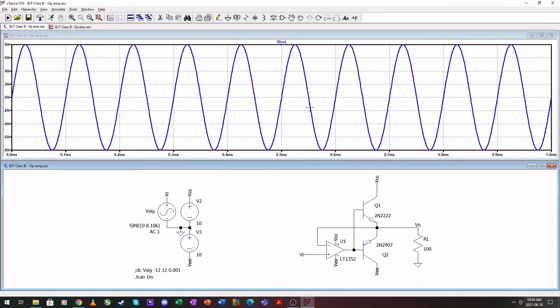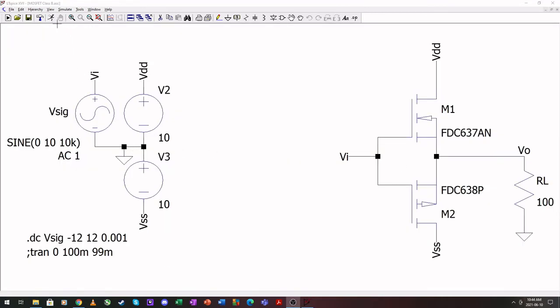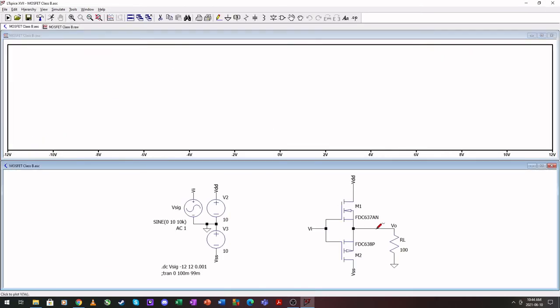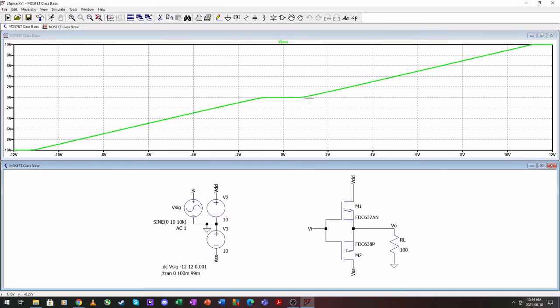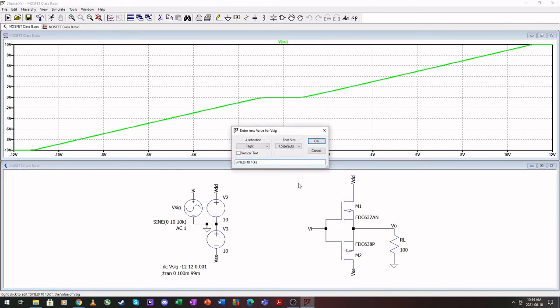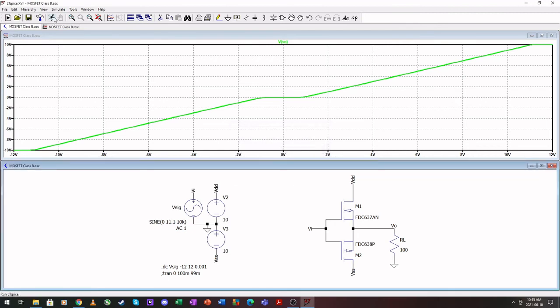Let's go and have a look at our MOSFETs. Right, our MOSFET Class B, you'll see that the dead zone is much larger, but we get closer to our rails. Oh, this one was 11.1. That's where I went wrong earlier.